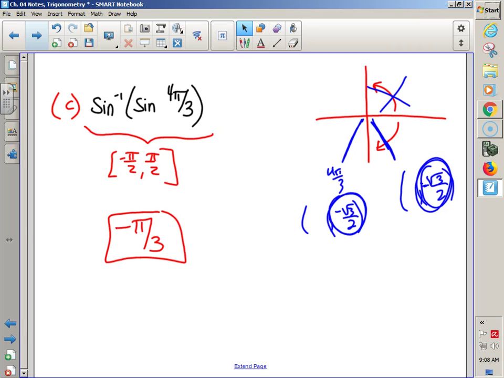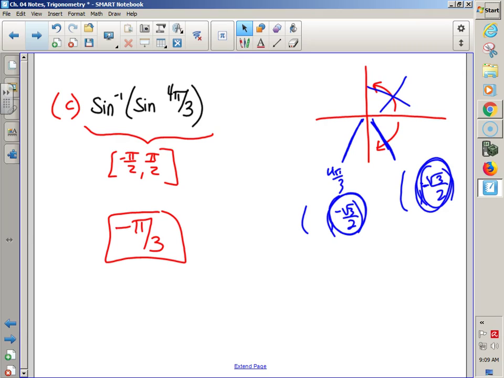4 pi over 3. Are you guys getting the decimal? 4.188790205. When you do sine inverse of sine of 4 pi over 3, no, you're not getting 4.188790205. You're supposed to be in radians.